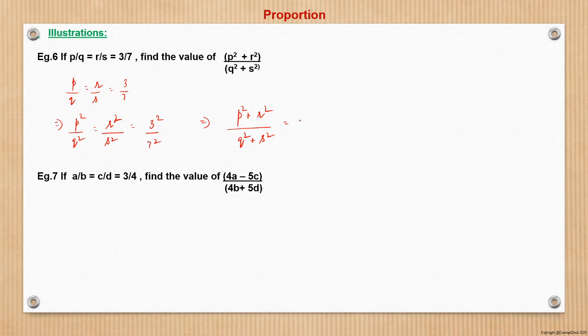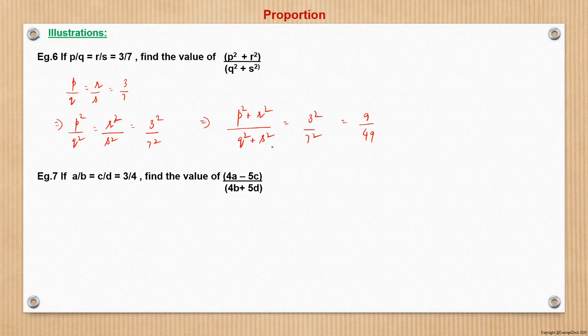This is nothing but same, 3 square upon 7 square, because let us suppose you see A by B is equal to C by D is equal to some number k. So we can write that A plus C upon B plus D will be what? K only. This we know. So this is 9 by 49, right? Which is the answer to this question.